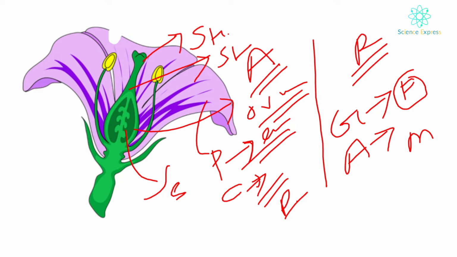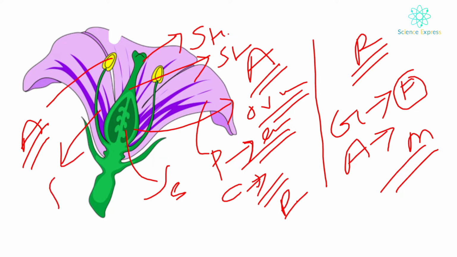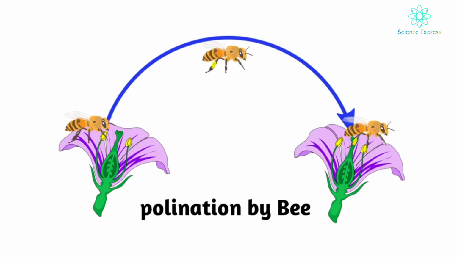Clear? And androecium, the male part, contains two things. One is called anther, where pollens are produced, and another portion is called filament, a thread-like structure. Clear? Now here we can see a typical structure of pollination by the bee. Mainly the agent here is the bee.